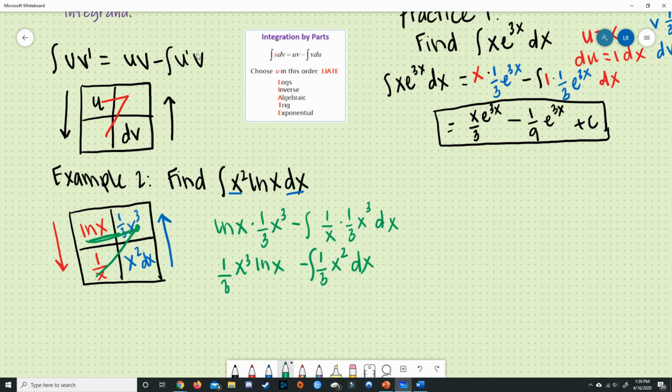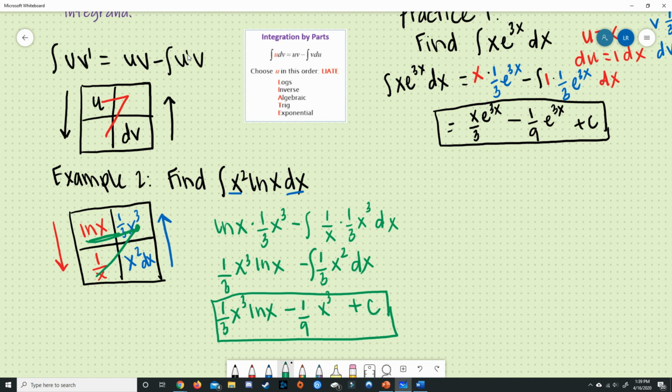You're going to increase the exponent by one and then divide by that new number. So this becomes 1/3 x cubed ln of x minus, well, I'm going to increase this to 3 and divide by 3. So this becomes 1/9 x cubed plus c. And that is our integral. So that's the integral right there.